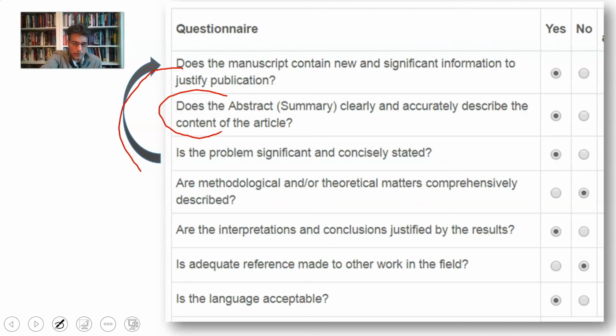And even in the abstract, you can have a concise statement about what the problem is. Most of the questions that you see here before you can be already covered in the abstract to some degree, and therefore you should be careful in the way you structure it, thinking of it as an important ally.